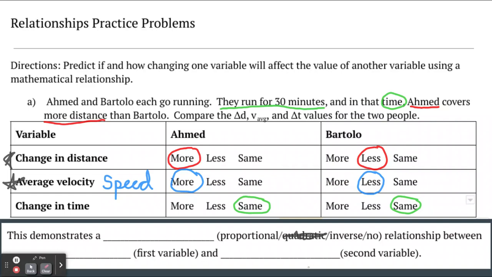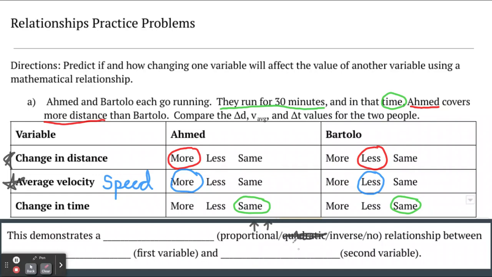It's hard for you to tell whether something is quadratic or proportional, because both mean that when one increases, the other one increases. I don't want you to get confused about which type of increasing relationship it is. So we're just going to go proportional, inverse, or no relationship.